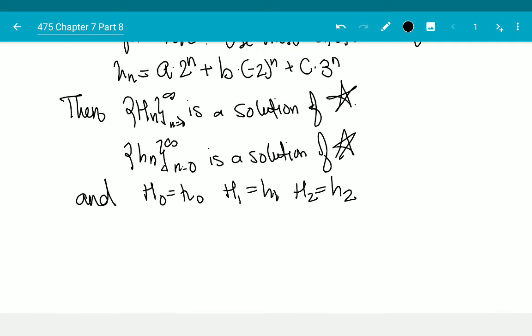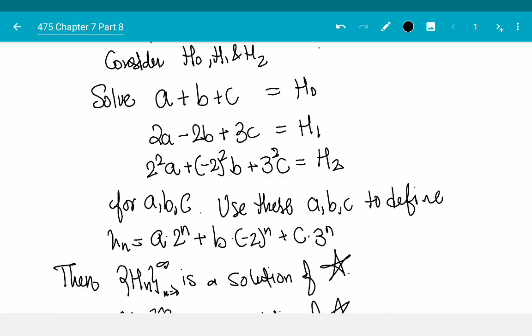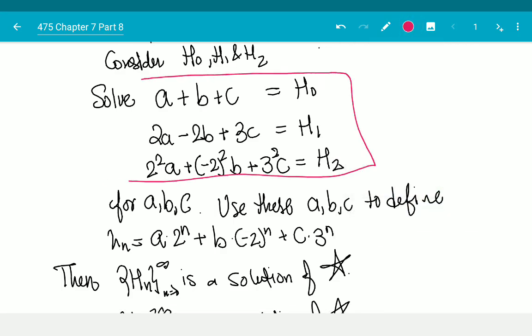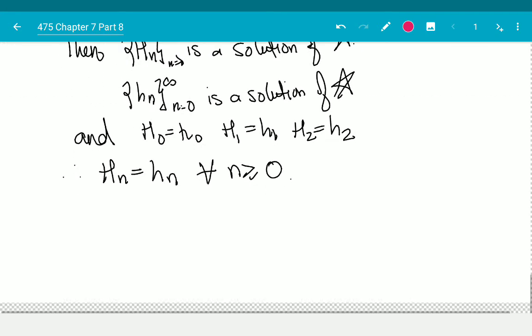But if both of them solve the same exact equation and everything is defined by h0, h1, and h2, then hn is equal to small hn for every n greater than or equal to 0. So as long as you can solve these equations right here, you can always find a solution in this form, right?